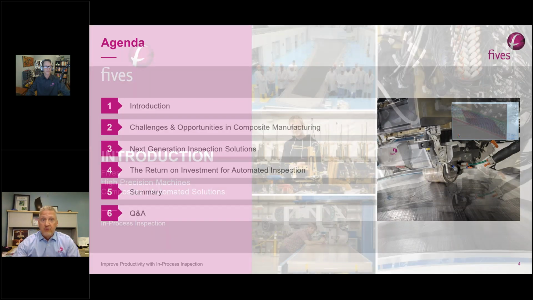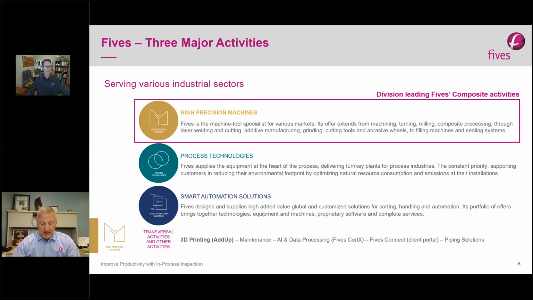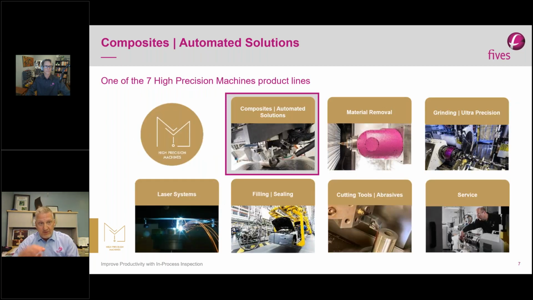So first, the introduction, real simple, high level. Fives is a large industrial group, a $2 billion company, divided into three main sectors. I'm only going to talk about the one that this composite group is part of, which is high precision machines. Within high precision machines, there are still 7 groups or smaller companies.